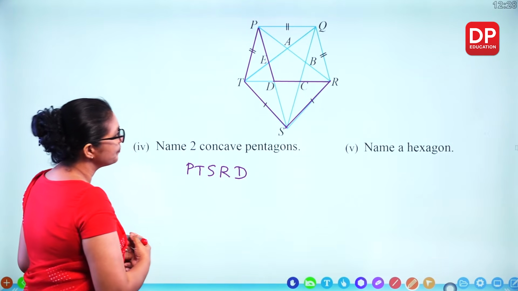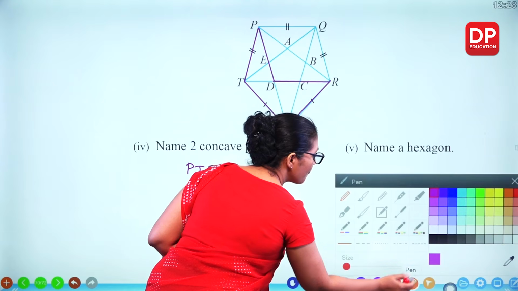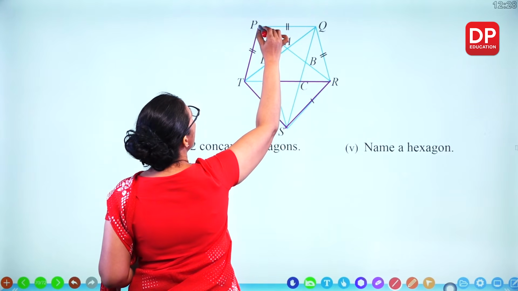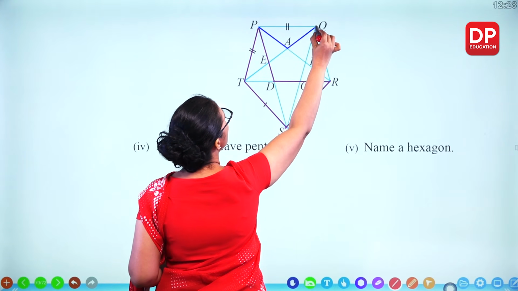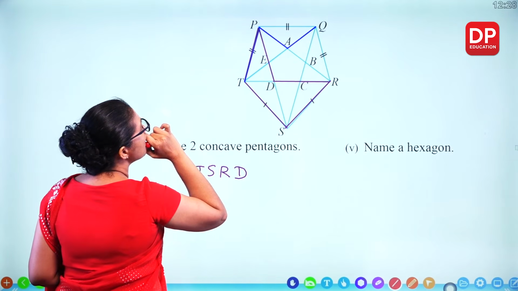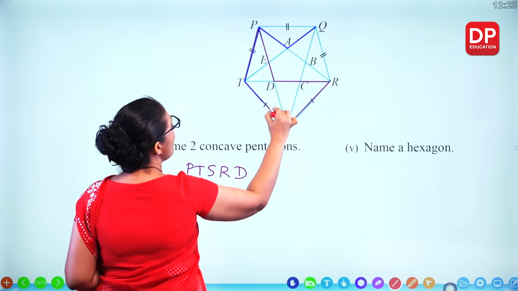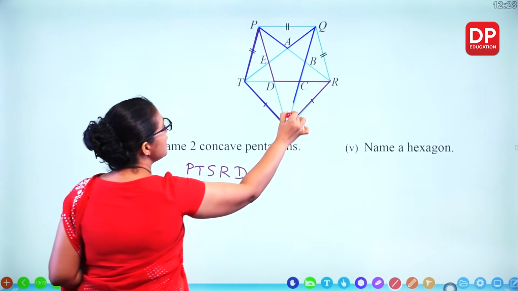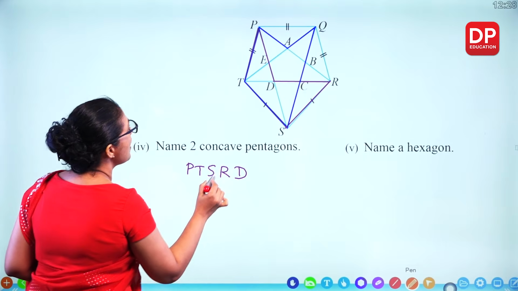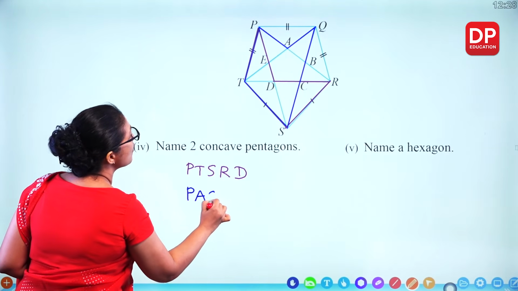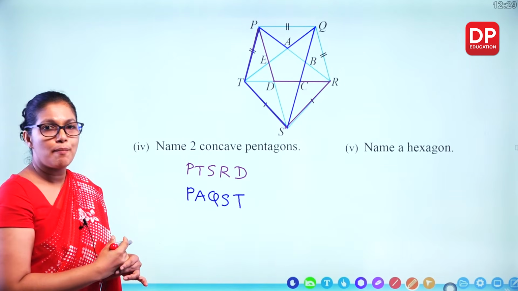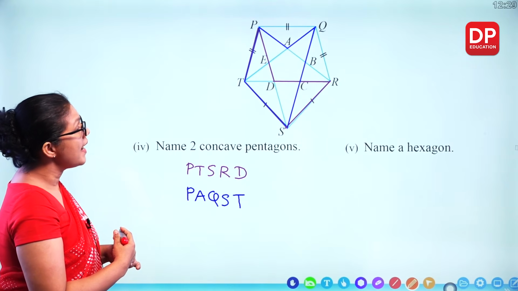Another pentagon. We'll take this one. 1, 2, 3, 4, 5. We need 5-sided pentagon. That means I can write PAQST is another concave pentagon.